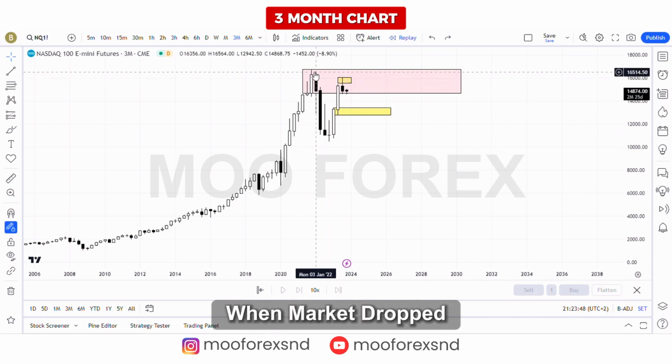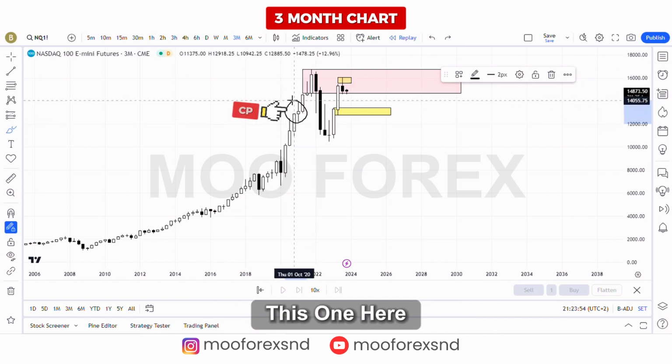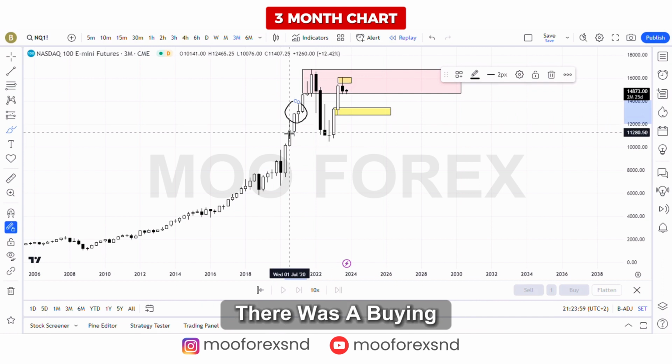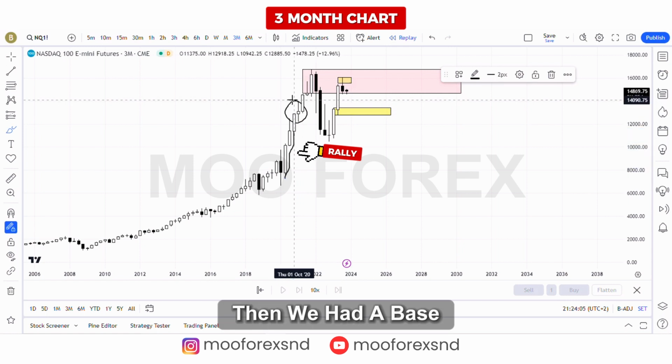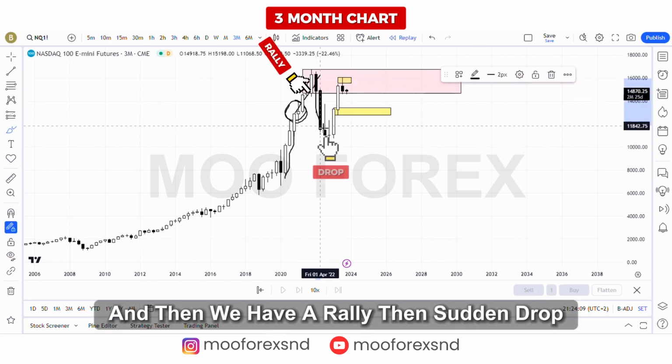As you can see, when the market dropped, it actually removed SCP, this one here. So it removed an opposite demand zone. There was buying, the market was going up. It's like a rally, then we had a base, and then we have a rally, then a sudden drop.